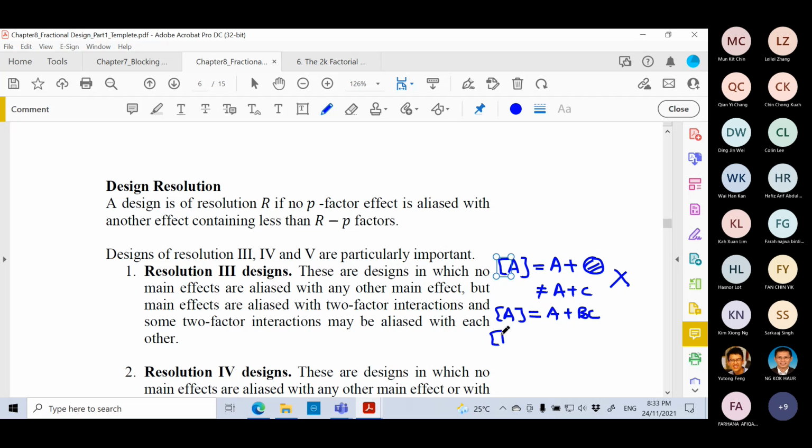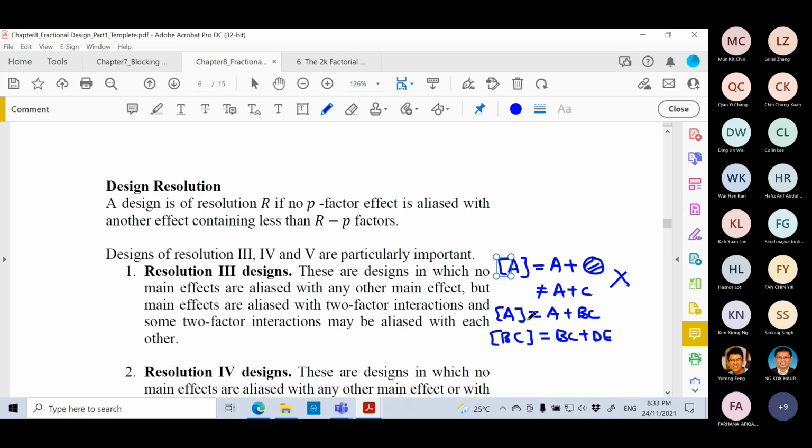It means that if I'm looking at BC, it may equal BC plus DE. It is possible that 2-factor interactions are aliased with each other when you have a higher order of factors. So these are the 3 possibilities of the alias structure here. If they fulfill this, they are called resolution 3.